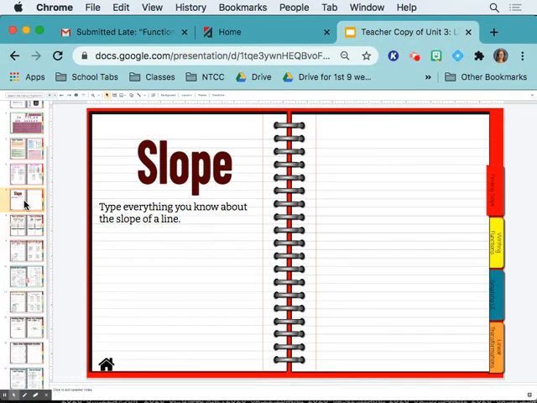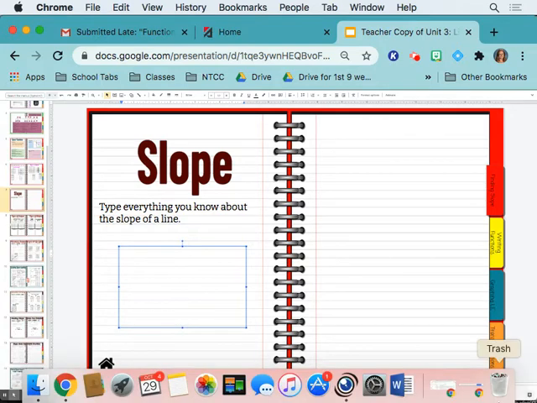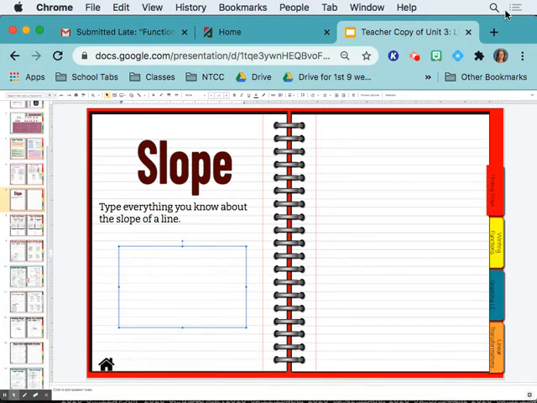All right, slope. Type everything you know about slope of a line. So let's do a text box. What do we know about slope of a line? I'm going to start calling on people. Okay, so if you say y equals mx plus b, what is slope in that?